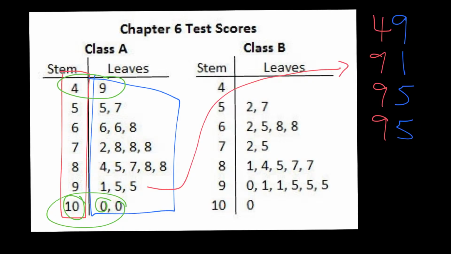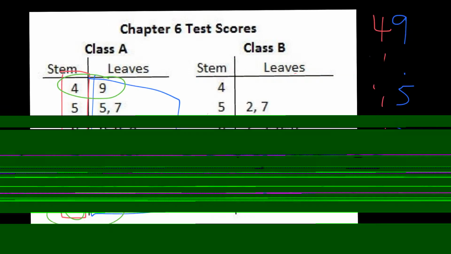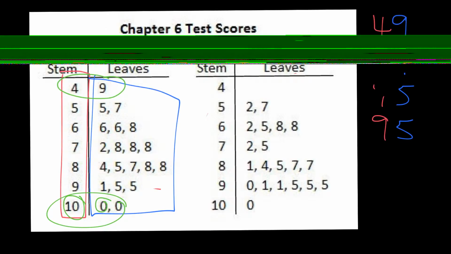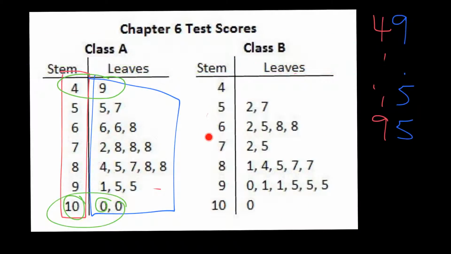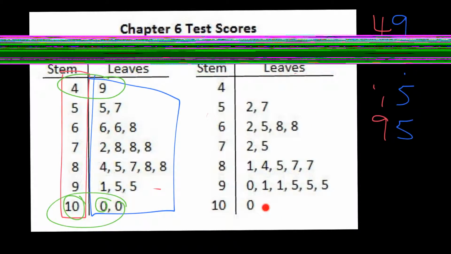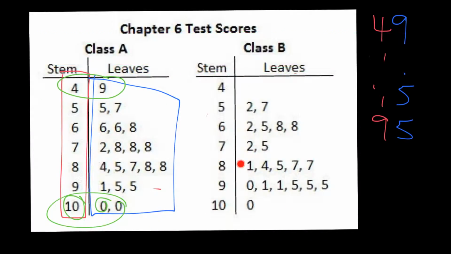Now these are all very helpful. One thing it can help you do is look at this really quickly and see that Class B seems to be doing better than Class A. You can see how it seems that more of Class B's numbers are down towards the bottom, and that represents scores in the 80s and the 90s and the 100%.